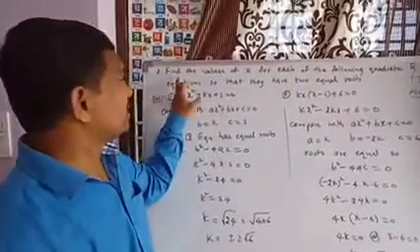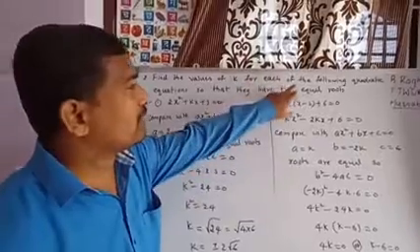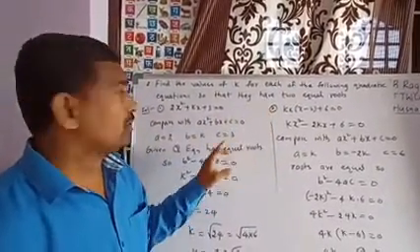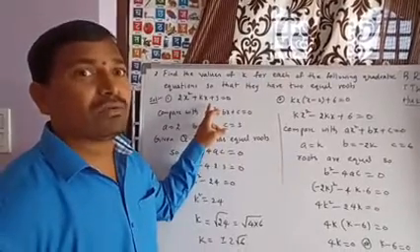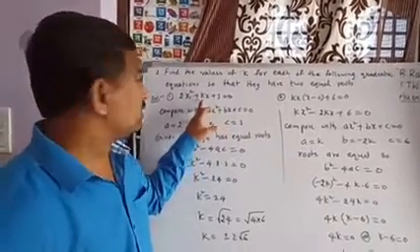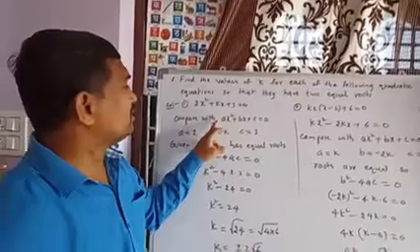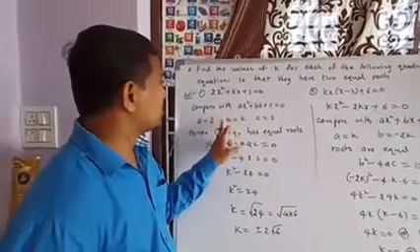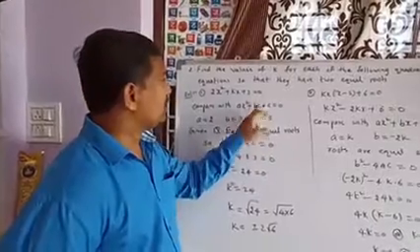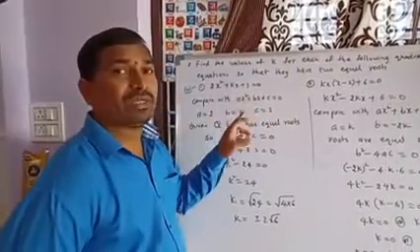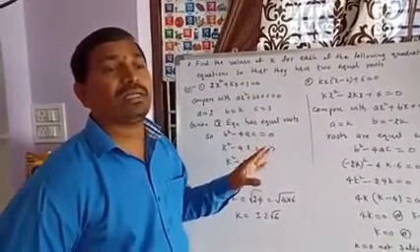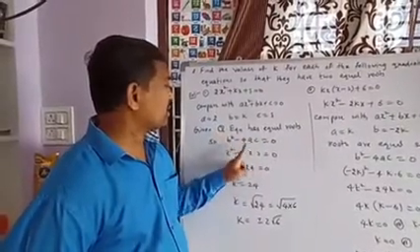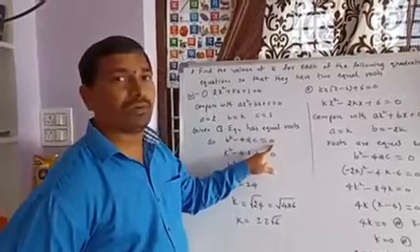See another problem. Find the values of k for each of the following quadratic equations so that they have equal roots. This quadratic equation has equal roots. Find k value. So let us compare with the standard form. By comparing with standard form, what is a value? a equal to 2, b equal to k, c equal to 3. If the quadratic equation has equal roots, then discriminant is 0. What is the discriminant? b square minus 4ac equal to 0.